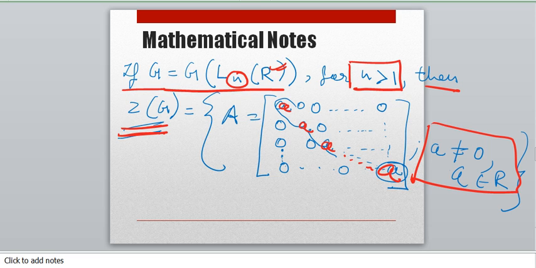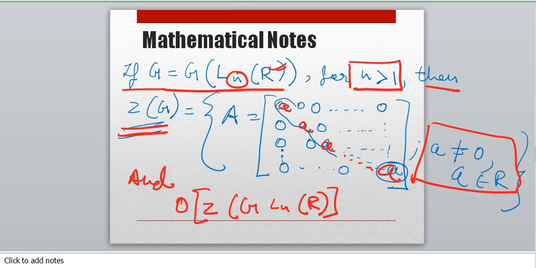And there is more to this. The order of Z(GL_n(R)) is equal to infinity. So what is the order of this group?